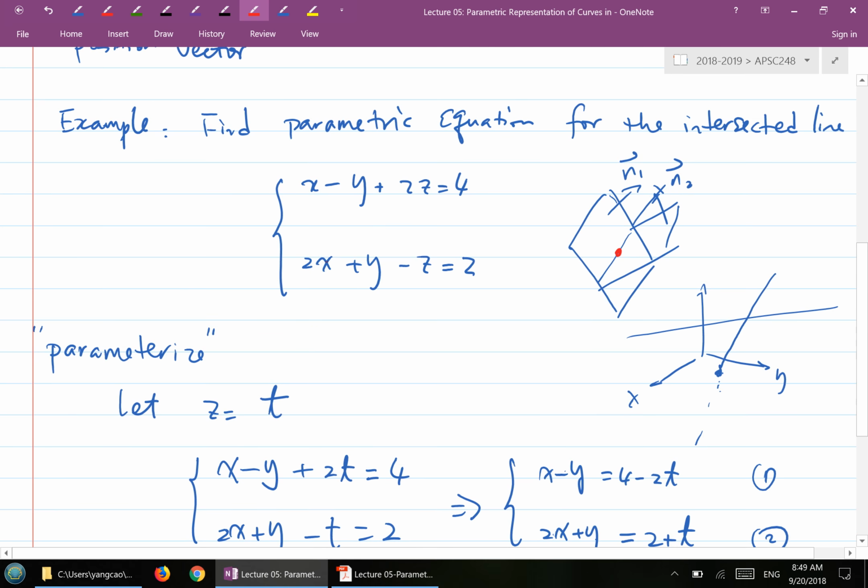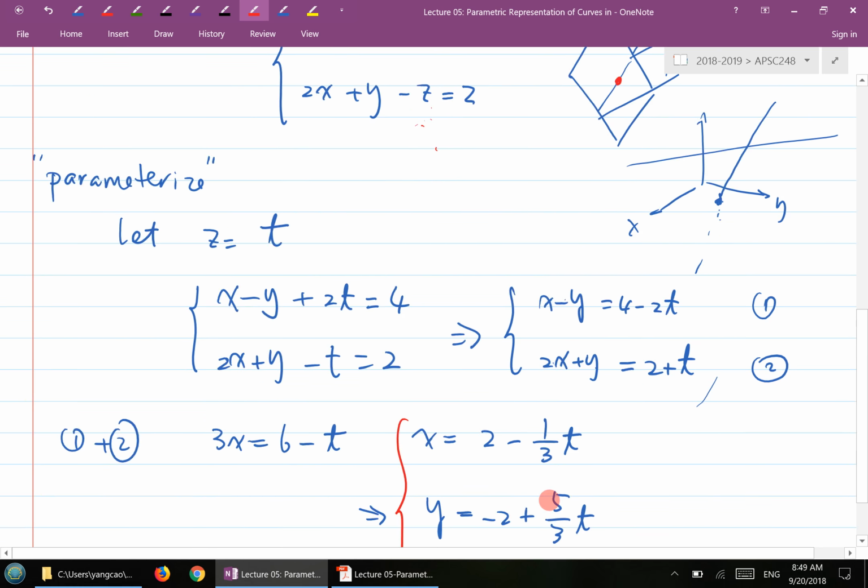Can I let x equal t and then solve for y and z? Yes. And same thing, you can let y equal t and solve for x and z. The only difference is that the end results look different, but it's still a different parametric equation for the same trajectory.